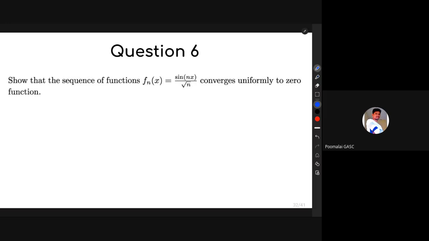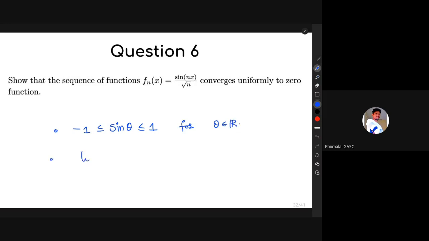The inequality that I'm going to use is this: sin(theta) is always smaller than or equal to 1 and always larger than or equal to -1, for theta varying in R. That's the first part.